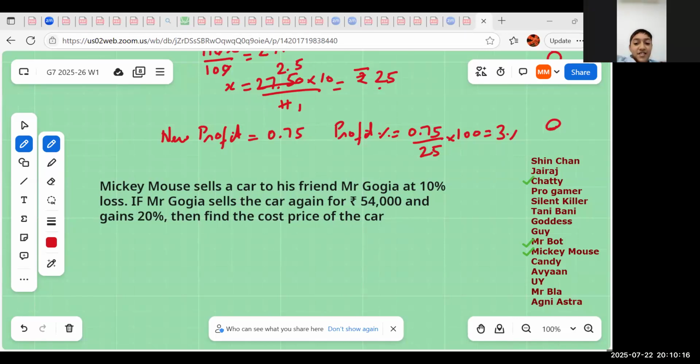Sir, yes. Mickey Mouse is jealous of Mr. Goga. That's why he knows the price. But Mr. Goga was so happy that he forgot the price.